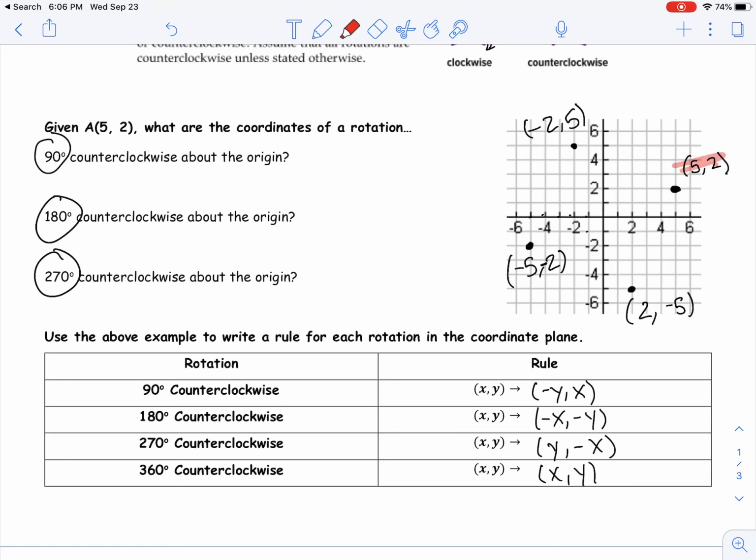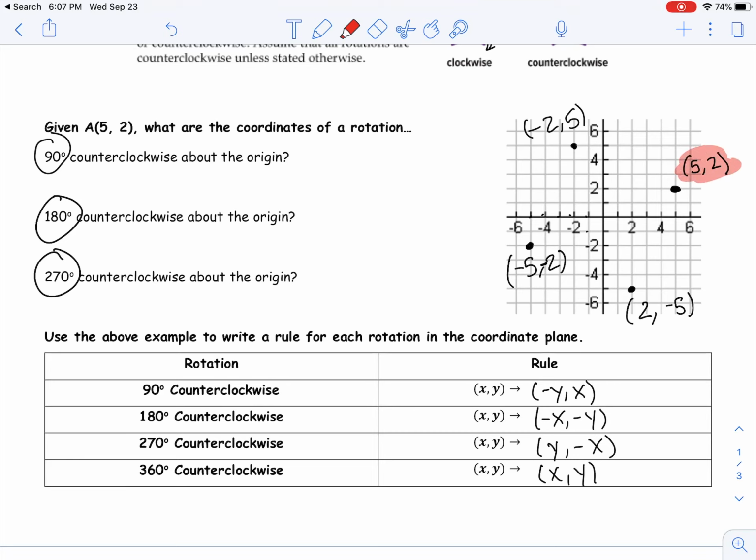The 90-degree counterclockwise rotation took us from this point to this point. Well, what happened with those points? Not only did the y and x switch spots, like I have down here, but also the y value, which was that 2, became a -2. So that's why I have the negative, or the opposite as I call it, in front of the y.